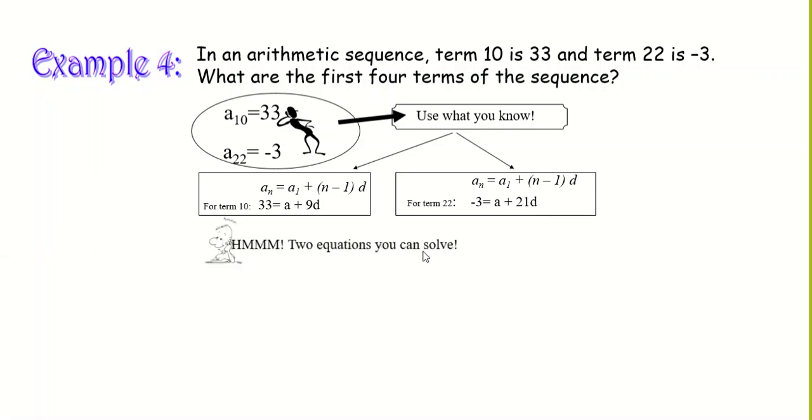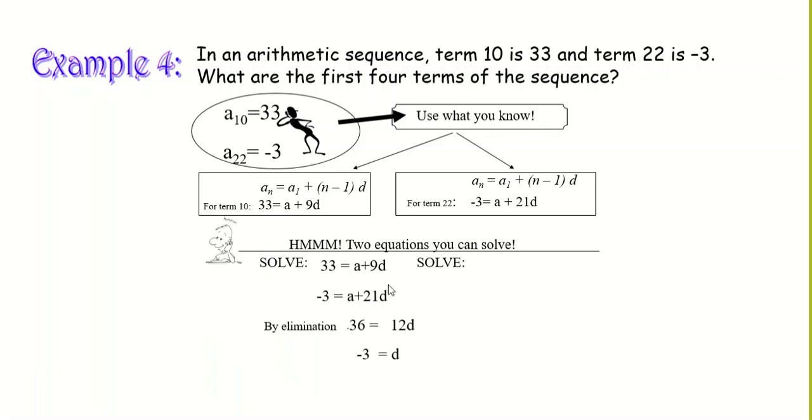And you can use your concept on solving equations, system of linear equations. So, for the first one, 33 is equal to a sub 1 plus 9d, negative 3 is equal to a sub 1 plus 21d. So, by elimination, you have 36 is equal to 12d and your d is equal to negative 3.